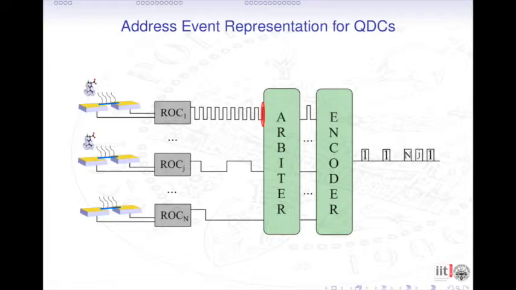In this case, we can strongly reduce the output pads reserved for output signals, and we implement a sort of address event representation that is widely used for neural networks.